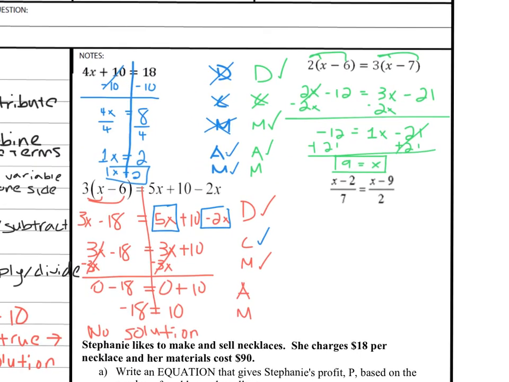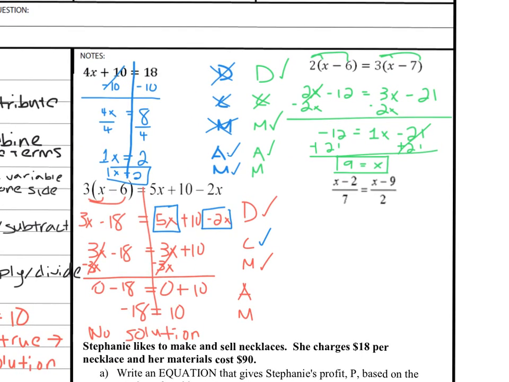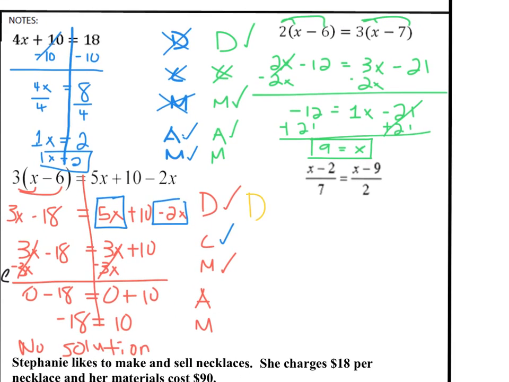We have one more problem for us to solve. Start off by writing, don't call me after midnight. Before we can solve this one, we will have to do our butterfly method or cross multiply.